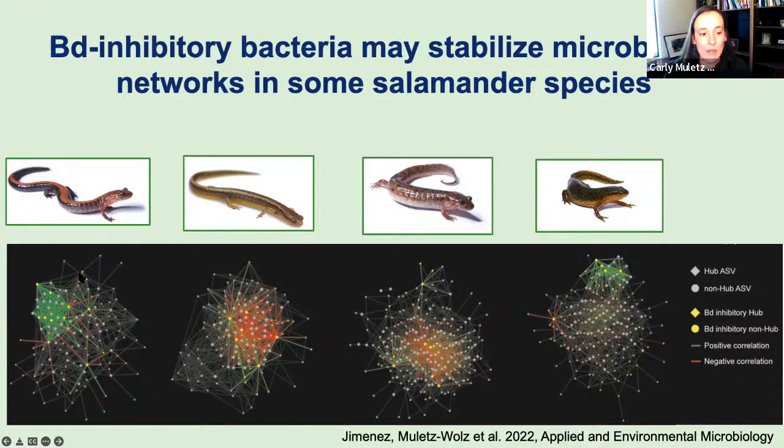What we see in redbacks, for instance, is that there are all of these positive associations between these BD inhibitory bacteria, and they're central to the networks. So it looks like they're stabilizing the microbiome networks here. The degree is similar in two-lined salamanders and Eurycea, somewhat similar in Desmognathus, but quite different in newts. Newts have this peculiar group up here where all of the BD inhibitory bacteria are interacting in a space that's not within the main network.